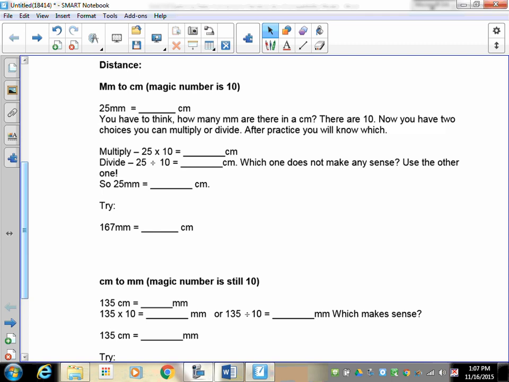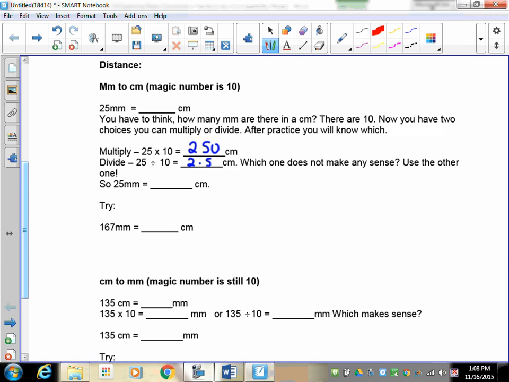So for example, 25 times 10 is 250. Okay, now remember we're doing millimeters to centimeters. 25 divided by 10 is 2.5 centimeters. Now I want you to imagine in your head how long 25 millimeters is.